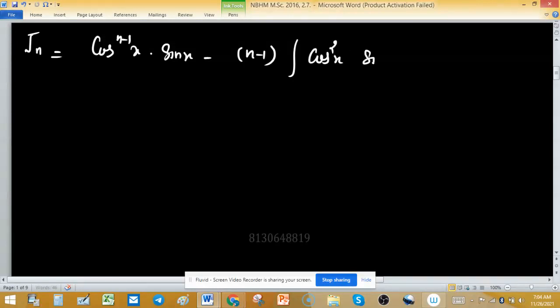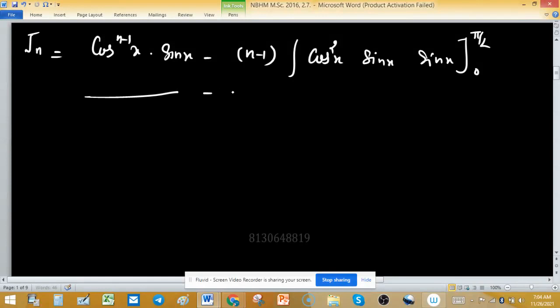Using integration by parts, I can write Jn equal to cos^(n-1) x into sin x, minus (n-1) times the integral of cos^(n-2) x sin x into sin x, and the limit is from 0 to pi by 2.